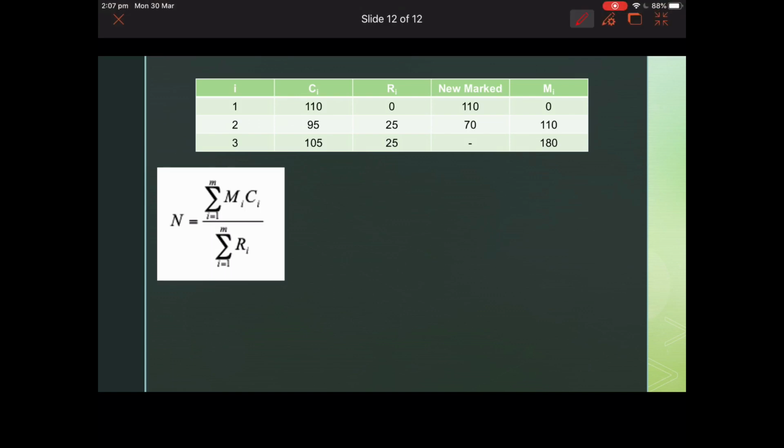So what we're going to do is say that the number of individuals is going to be M1, which in this case is 0, and we are going to multiply that by C1, and C1 is 110.